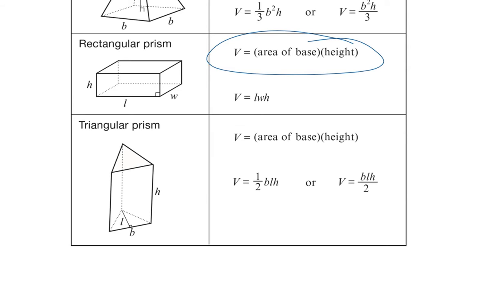And it may certainly be something that you've seen before, where for any prism, you can just find the area of the base and multiply by the height. But for us, this actually isn't going to really help us that much. So I think we can ignore that for now and stick with the straightforward formula, which is volume equals length times width times height.